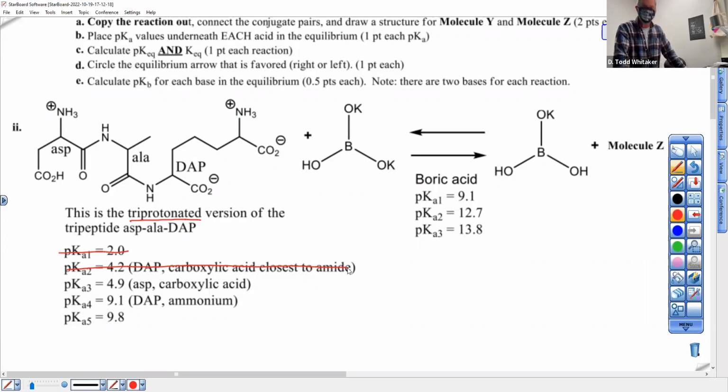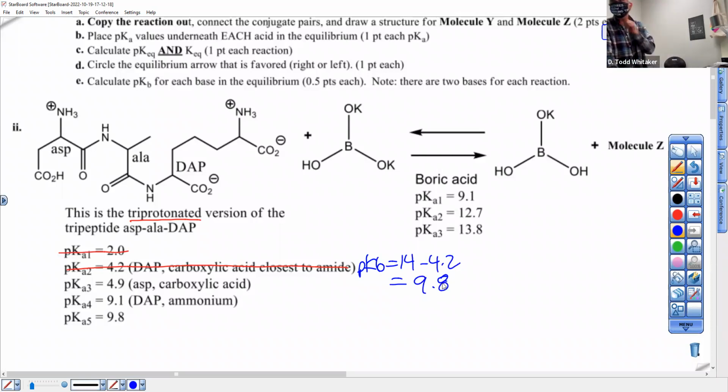Which one gets the H back first? I'm not even finished reading this question. I do not know if this molecule needs to be a base. But if it did need to be a base, the pKb would be 14 minus 4.2 equals 9.8.